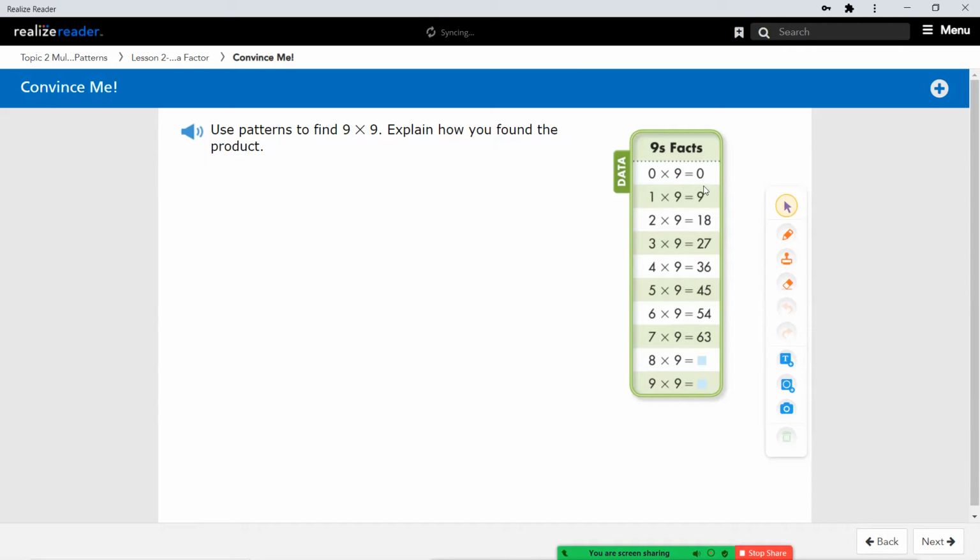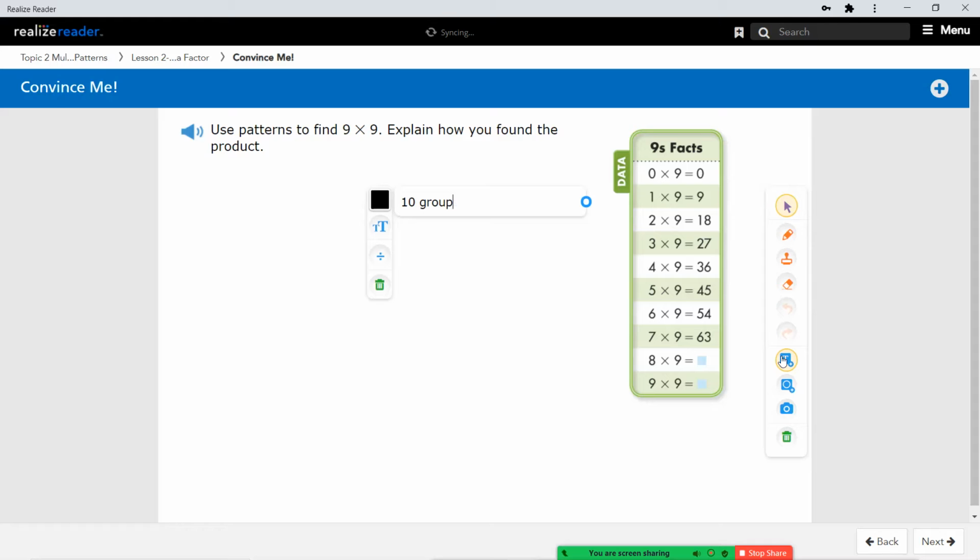Okay, so let's take a look at the patterns that we're seeing here. Now we know that our tens place is counting up each time, and our ones place is counting down each time. So if we have 9, then 18, then 27, 36, 45, 54, 63, we know 8 times 9 is 72, and 9 times 9, so we could do 9 times 10 if we're going to use the same strategy that they used.